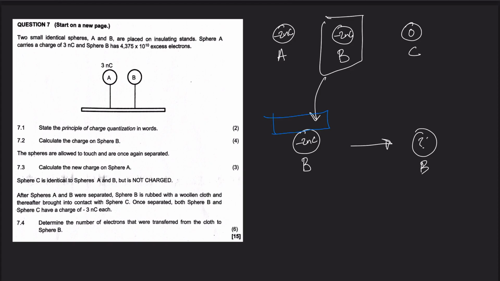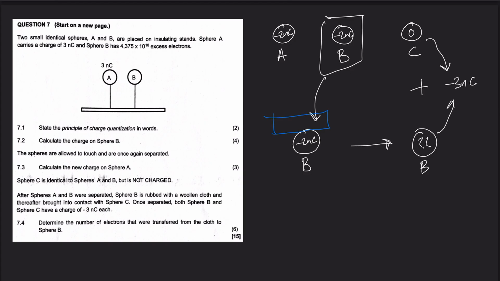But we don't know this charge, right? And then after that, we know that this new charge of B came into contact with C. And then after that, they both had a charge of minus 3 nC.